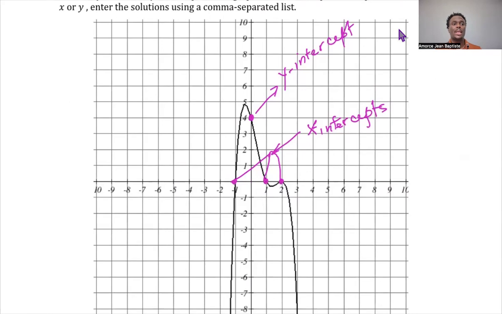But now, if we are giving the x and the y intercepts, you need to provide them in ordered pair form. On MyMathLab, like I said, they will allow you to just give the numbers, but on a test, for example, I am requiring you to provide the ordered pair for the intercepts.